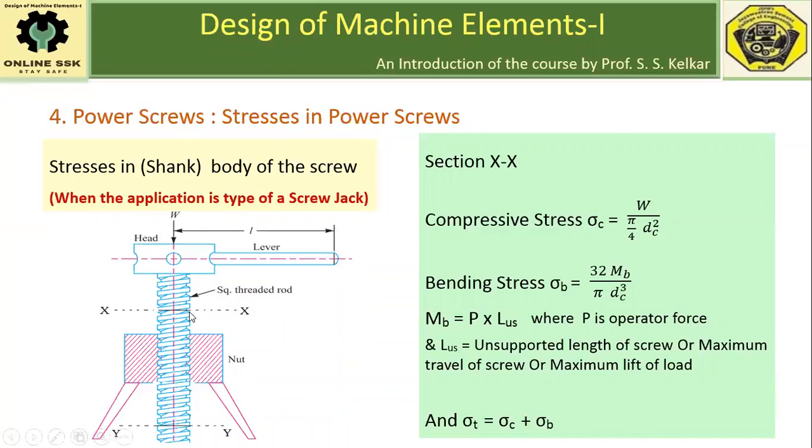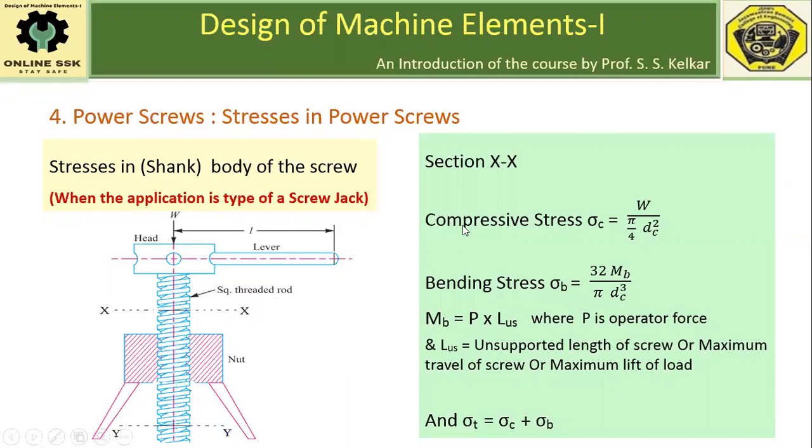This length represents the unsupported length of the screw, or maximum travel of the screw, or maximum lift of the load, whatever you call it. This unsupported length multiplied by the operator force P causes the bending moment to which this portion is subjected. So section XX will be subjected to bending stress, which will be given by 32 times MB upon pi dc cube.